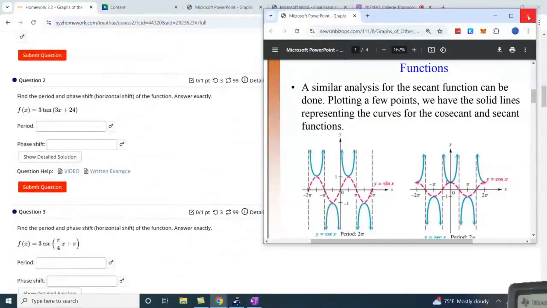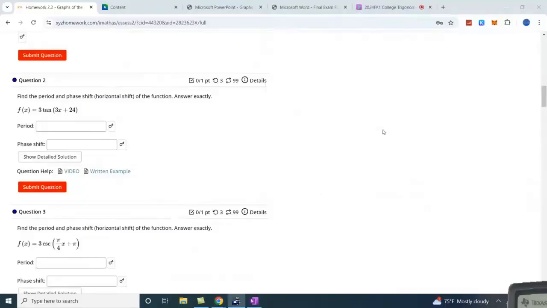Now, outside of number one, question number two asks for the period and the phase shift.